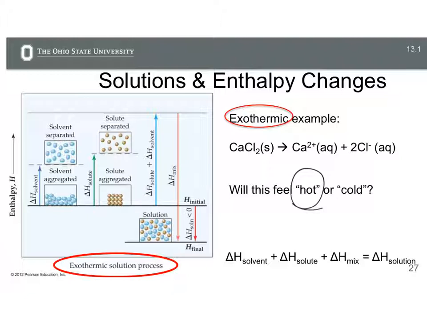And in this case, and this is something you have to determine experimentally, the delta H of mixing is large. And so we end up with a delta H of solution that is negative.